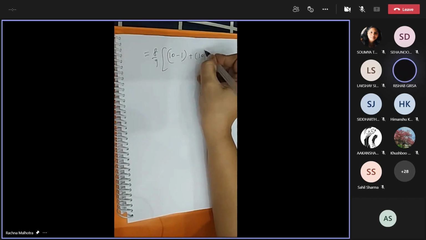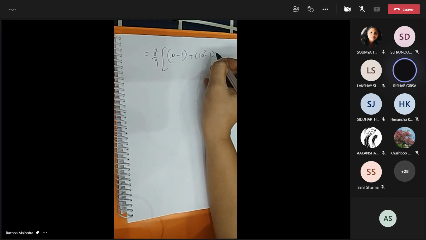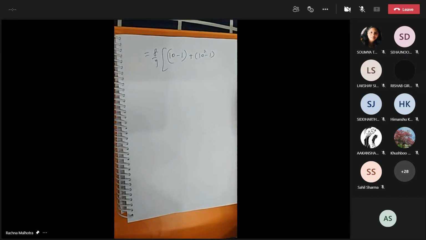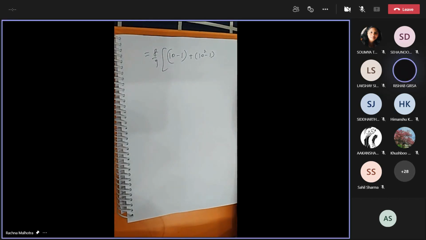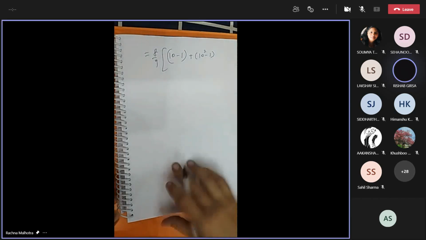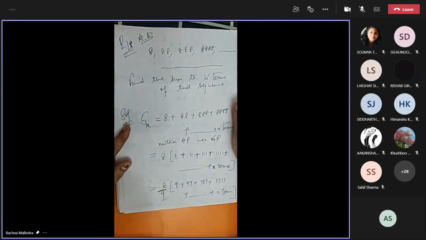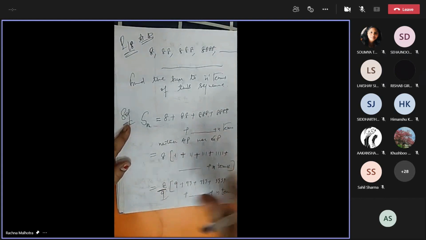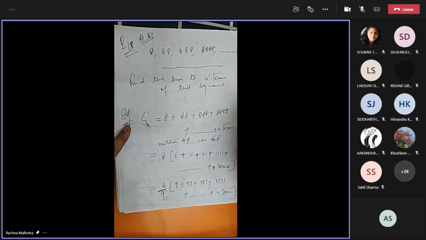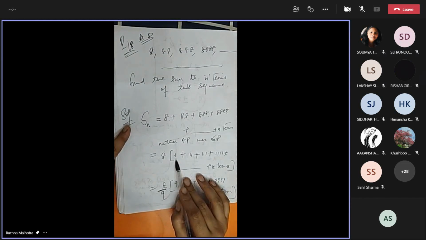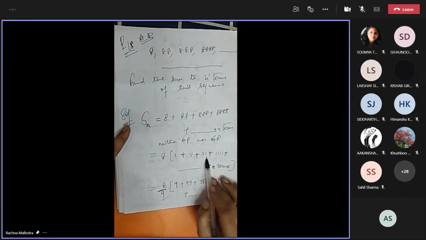And why did we choose number 9 in the question? Any other number you can suggest? Suppose I'm multiplying by 5. So it will be 5, 55, 555.